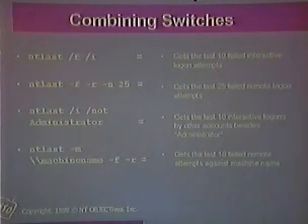NT-Last -F -R -N25 grabs the last 25 failed remote logons, telling you how many people tried to connect from some other machine to yours. The third one, NT-Last -I -not administrator, shows you the last 10 interactive logons besides administrator. You could substitute administrator with any user, whoever you want to exclude from your list.